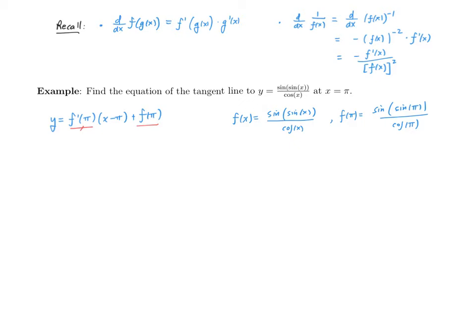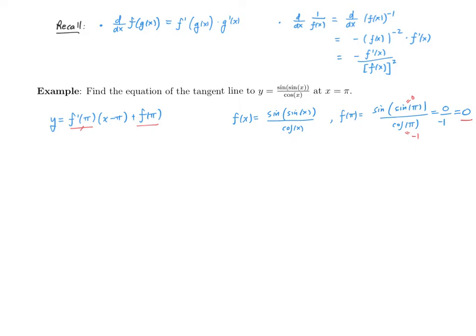And remember, when it comes to evaluating trig functions at common angles, we always need to do so. So cosine pi, you would tell me, is what value? I agree, minus 1. And sine of pi is 0. Furthermore, sine of 0 is also 0. So f of pi is the number 0.